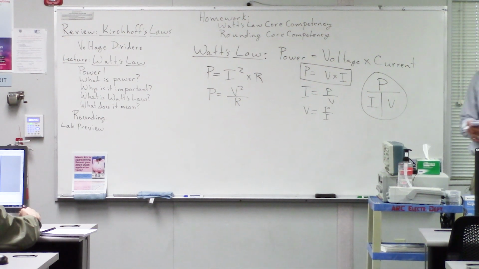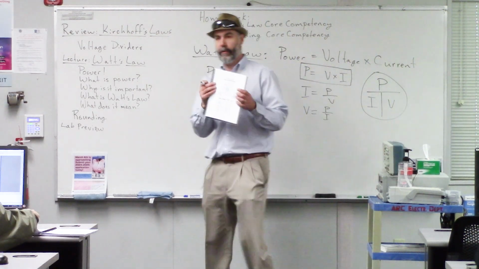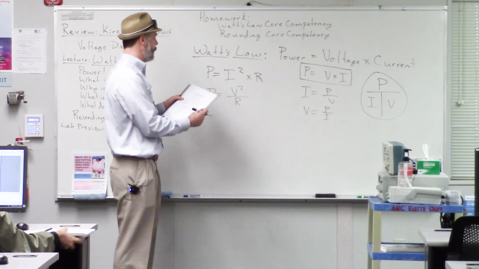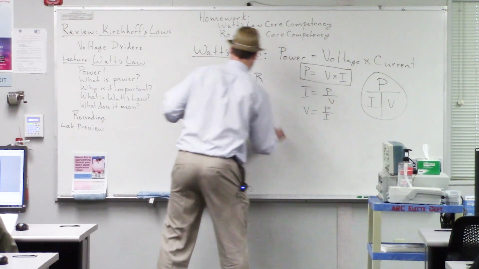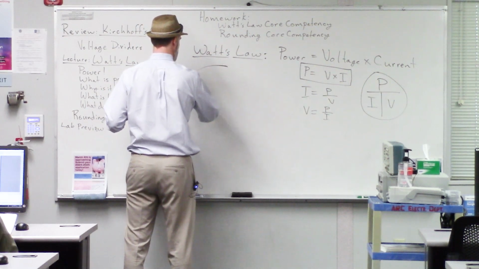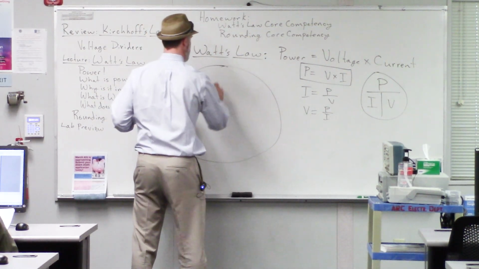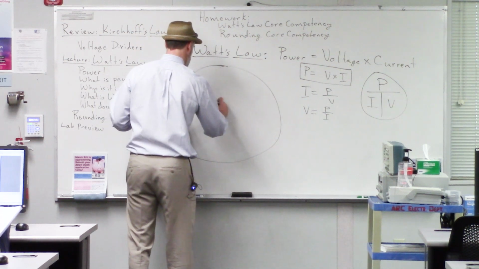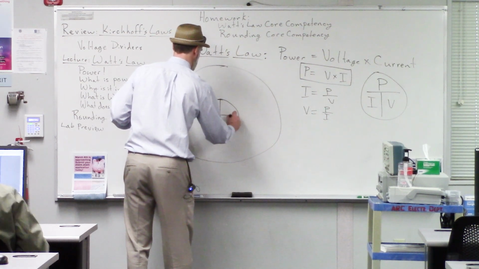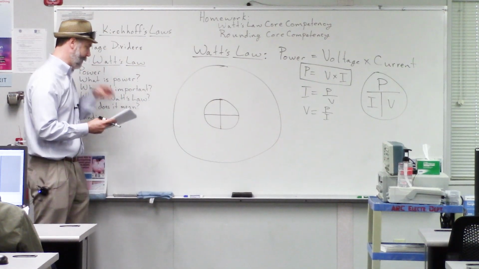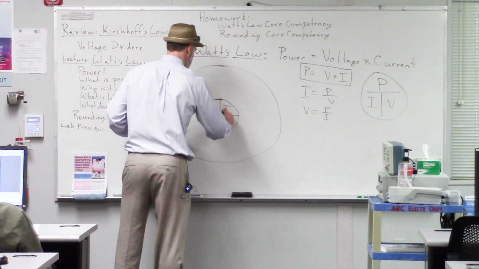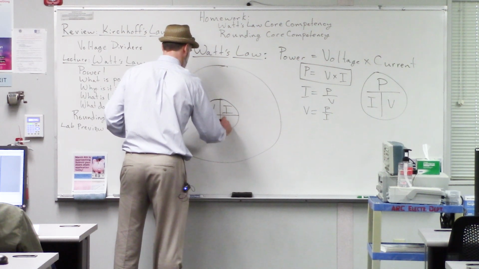If you want to take a look on page 57, we've got a circle, and in the middle we've got four things that we might want to find: voltage, current, resistance, and power.